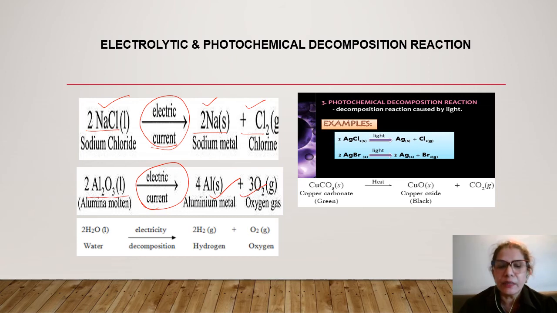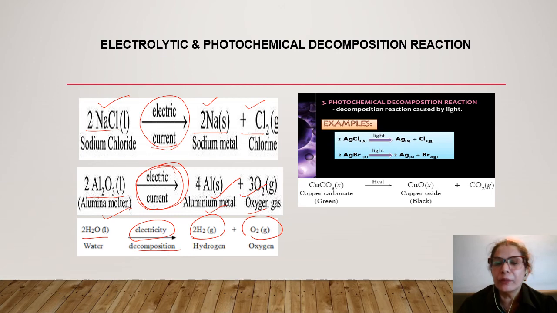Again, a single substance giving rise to two substances. So it is a decomposition reaction, and because it is taking place with the help of electric current, it is known as electrolytic decomposition reaction. Then we have already seen water in the presence of electricity decomposes to give hydrogen and oxygen. So these are a few examples of electrolytic decomposition reactions.